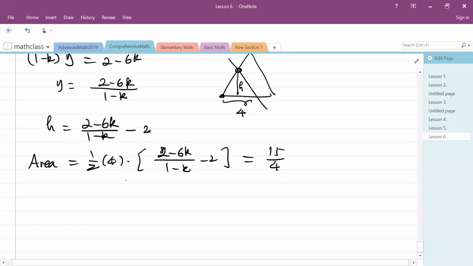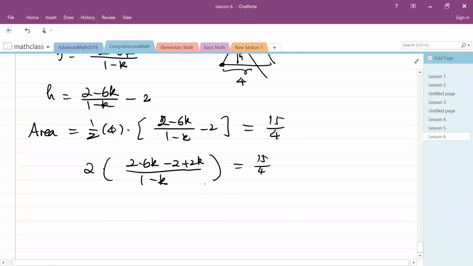So you can multiply by 2, and that's going to be 2 times 1 minus k, and 6 minus 2 plus 2k, okay? And then what do you get? You will get 2 canceled out. It's just negative 4k.